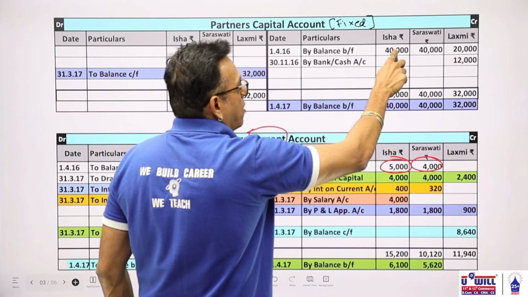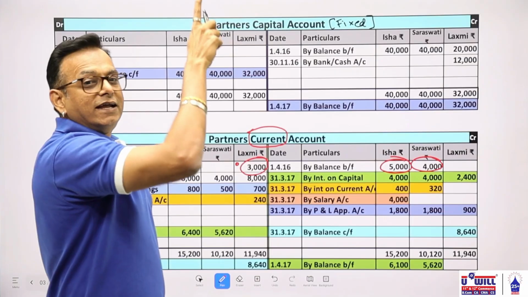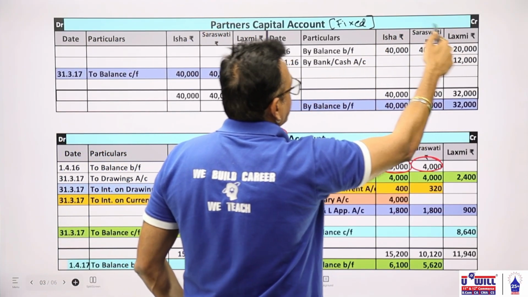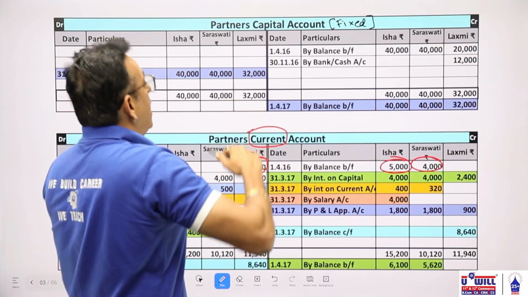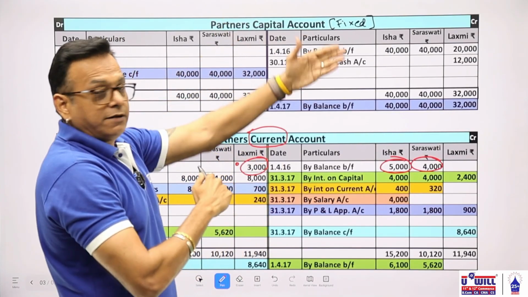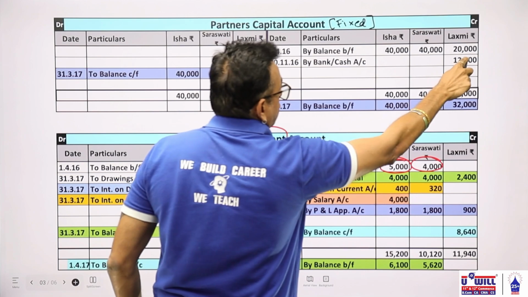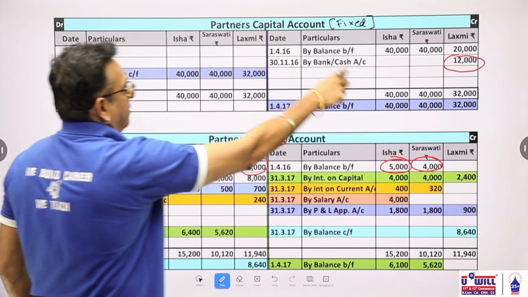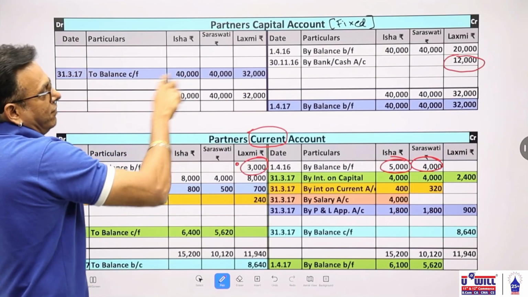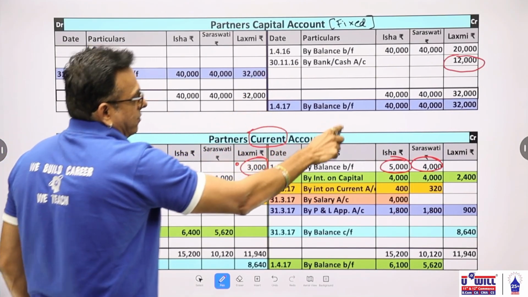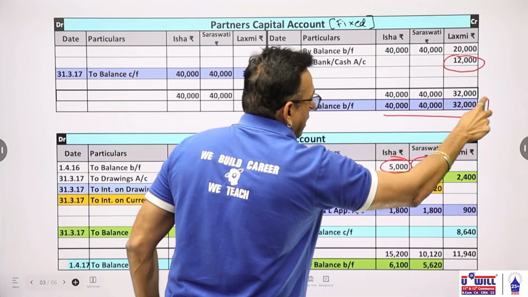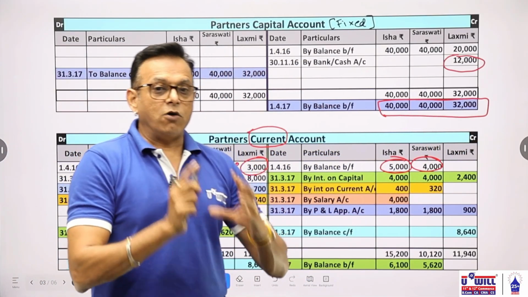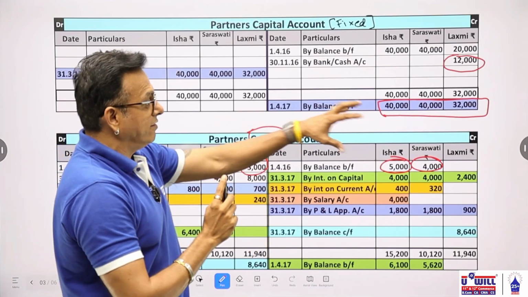These were the amounts originally invested by the partners, 40,000, 40,000, 20,000. This may also include any additional capital brought in by the partners. This 12,000 is additional capital by a partner, and at the end we balance them, and this balance shows the balance of capital of the partner. So it shows how much amount the partners have invested in the business so far.